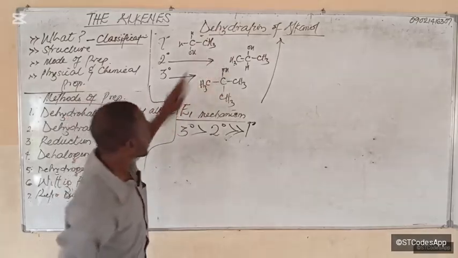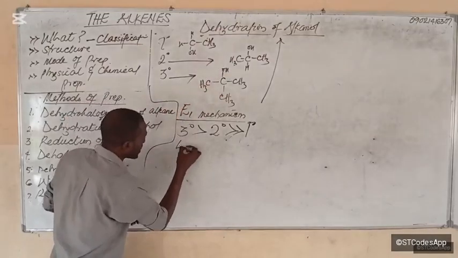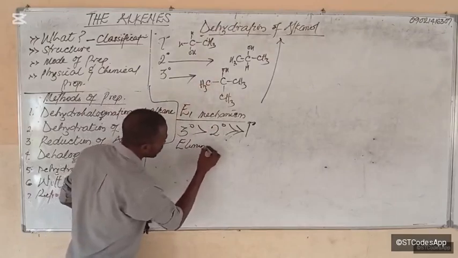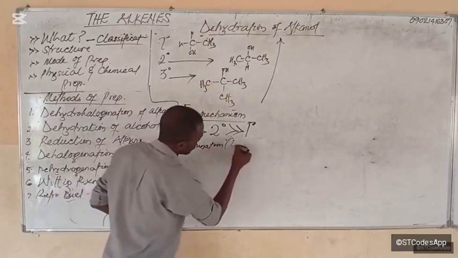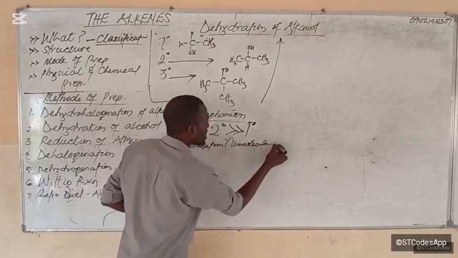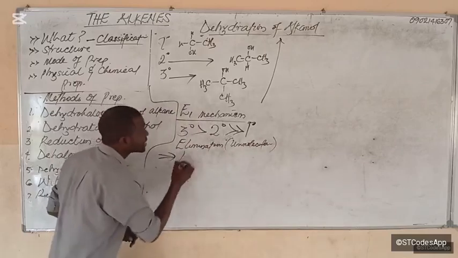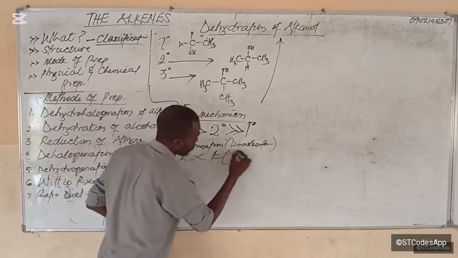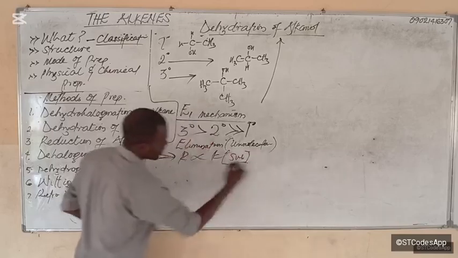Now the reason is because E1, right, we said is elimination what? Unimolecular, right? The reason is this, that the rate of reaction here, as I said, depends on just the one substrate, right?